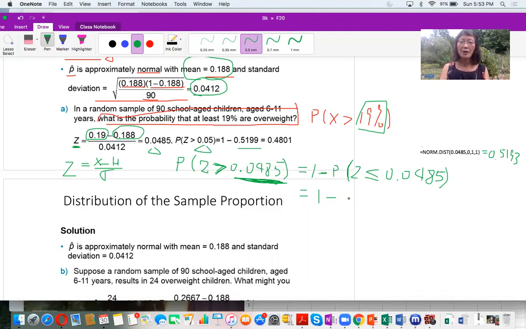So 1 minus 0.5193, and you're going to get 0.4807. If you keep 2 decimal places, it is 0.48, the same as this one.